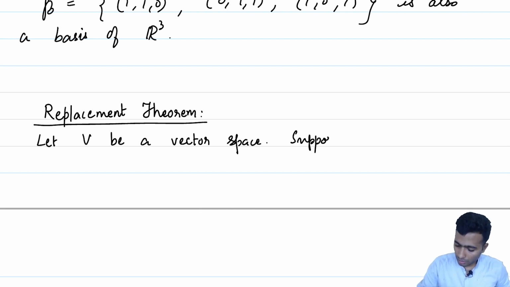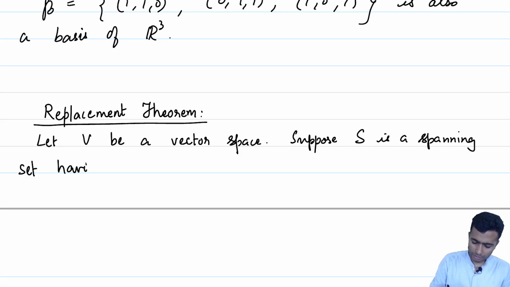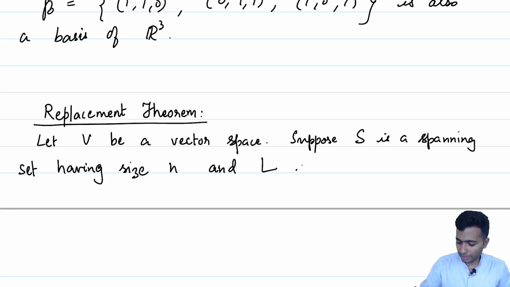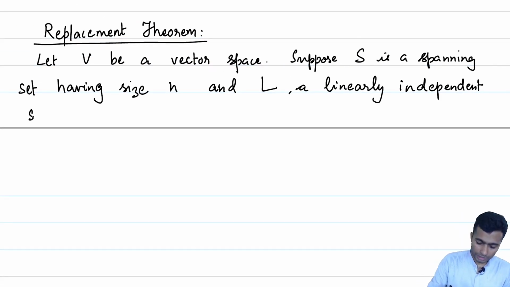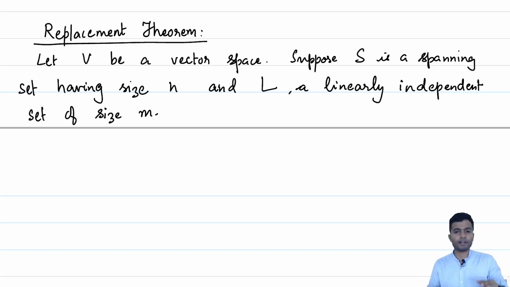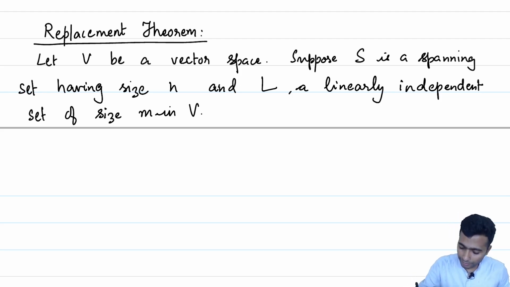Suppose S is a spanning set having size n and L a linearly independent set of size m in V. So, both are subsets of V. Then the conclusion tells us that m is less than or equal to n.